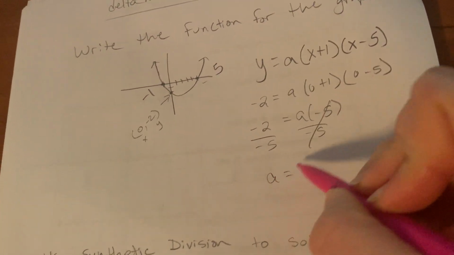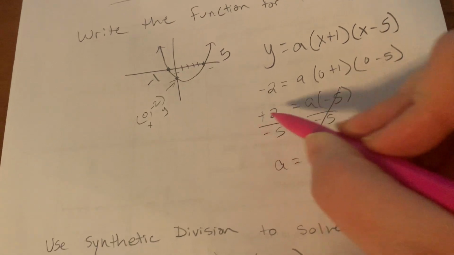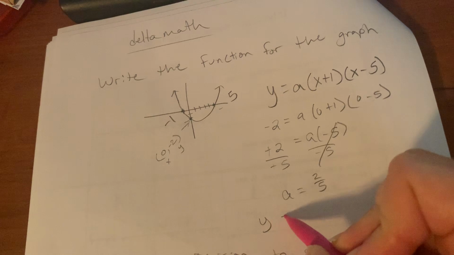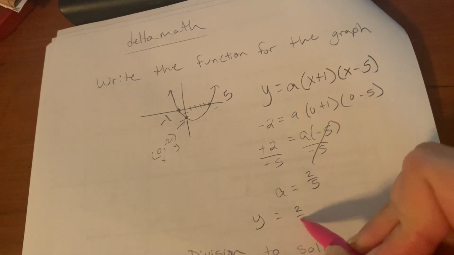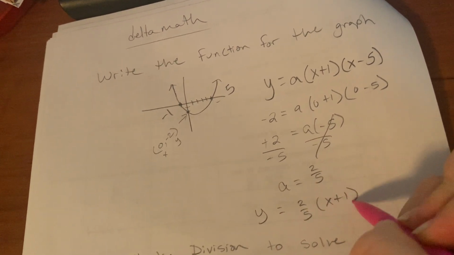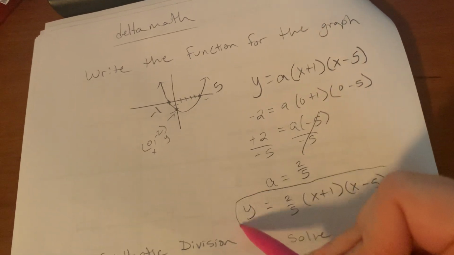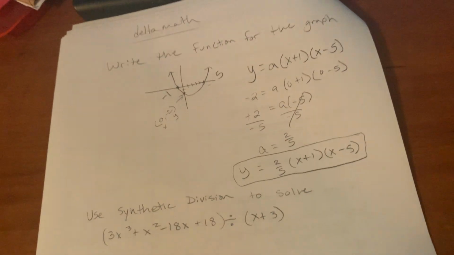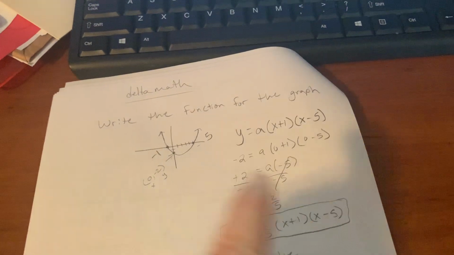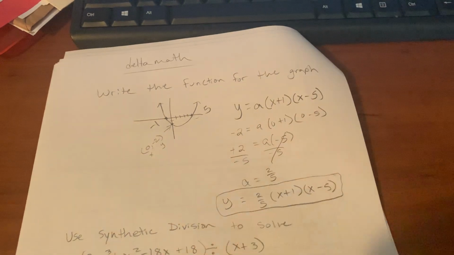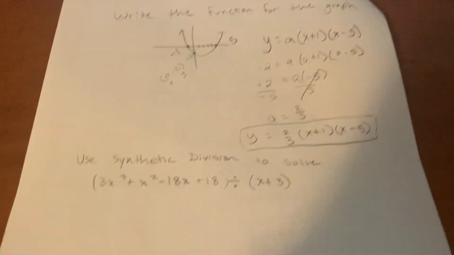So the a will be a positive 2/5. The equation is y equals 2/5 and then the factors. That is the equation for that. And that works whether there are 2 solutions or 10 solutions. You will either have 2 of these or you might have 3, but it's the same way to find the value for a.